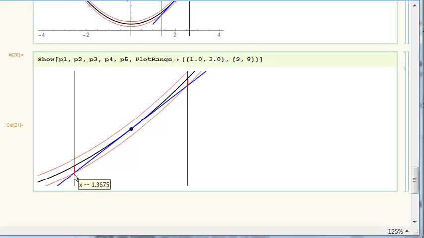It all comes together very nicely. The little red line here is the maximum error. If you go any further to the left, you exceed that. If you go any further to the right up here, you exceed that. And that is one example of a linearization problem.